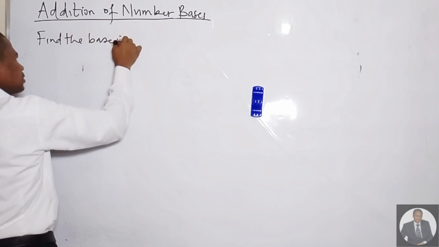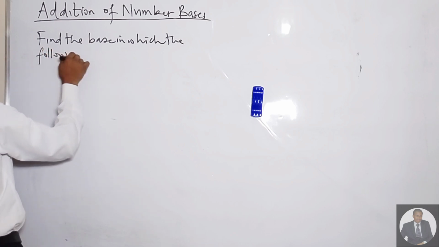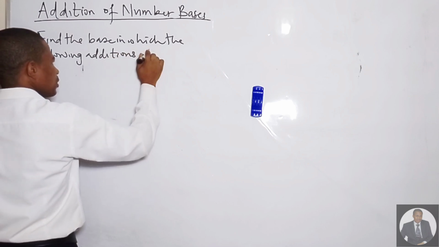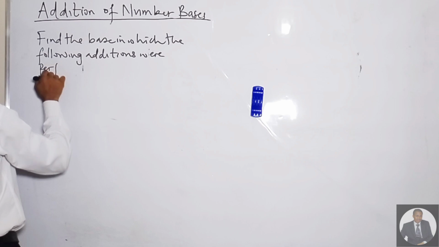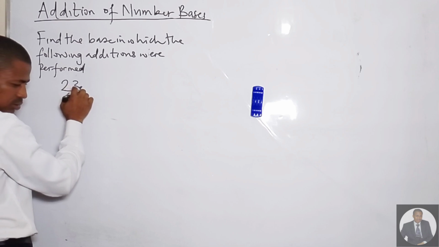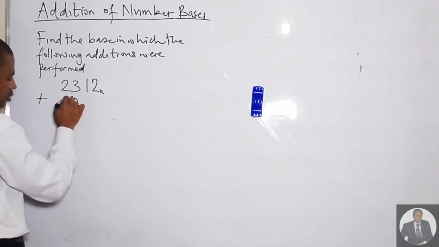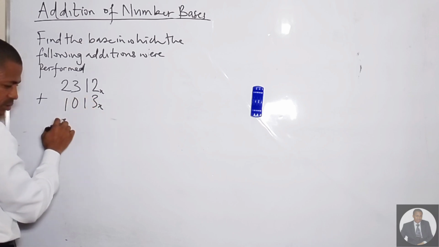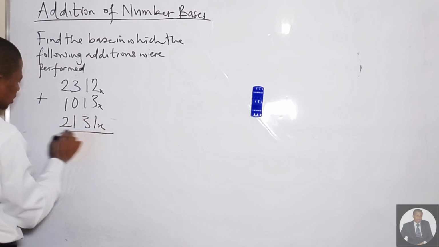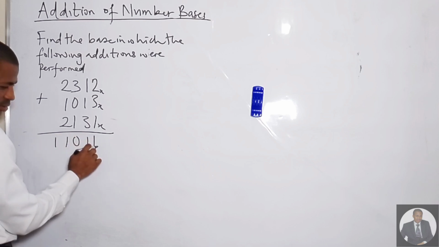Find the base in which the following addition was performed. 2, 3, 1, 2 base x plus 1, 0, 1, 3 base x plus 2, 1, 3, 1 base x equals 1, 1, 0, 1, 1 base x.